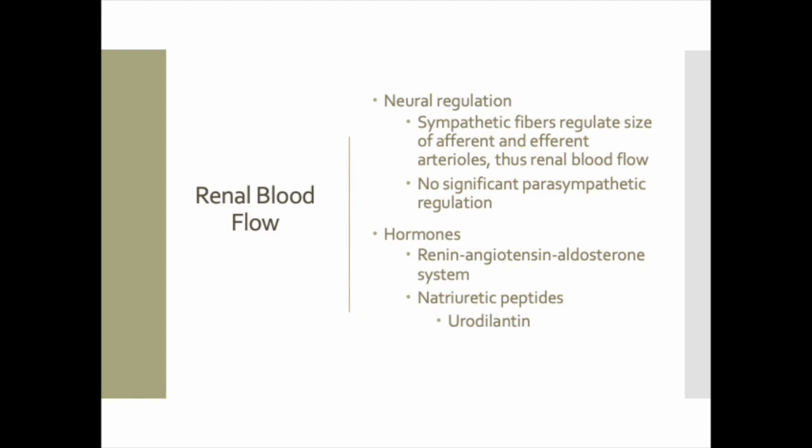And so when our systemic blood pressure decreases, the renal sympathetic nerves are going to release catecholamines. The catecholamines are going to stimulate afferent renal arterial vasoconstriction to occur. With vasoconstriction, we're going to have a decrease in RBF and GFR.